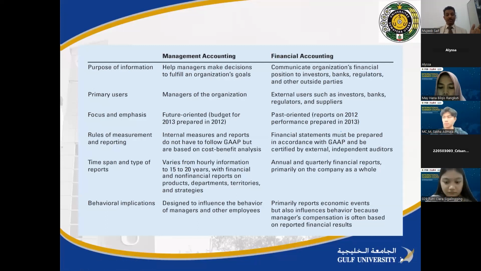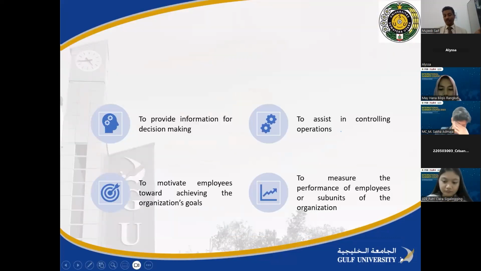So here is the objective of managerial accounting. This is some of the important objectives, which is to provide information to the managers to help them make decisions and to assist in controlling operations. How we will help the managers to control the operation is very, very important.